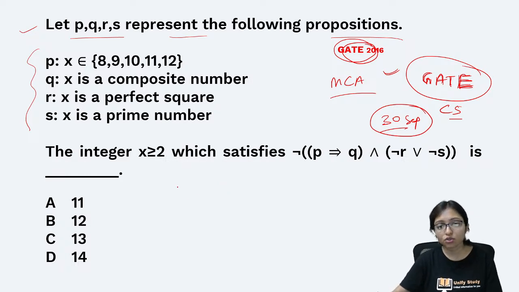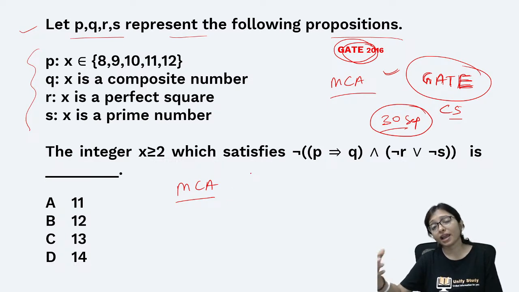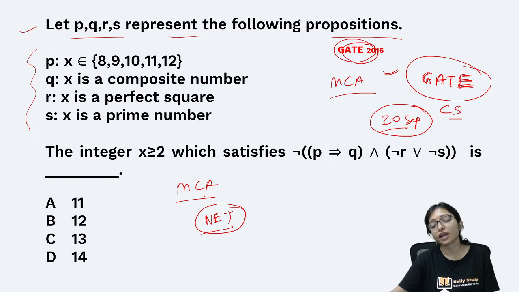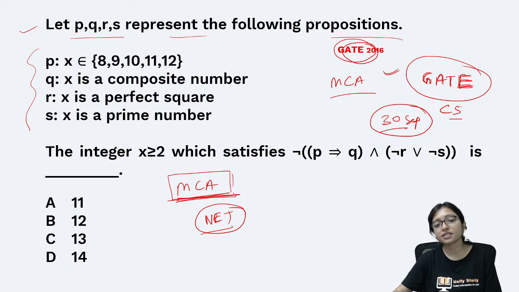I am telling those who are only MCA: if you want to get a good job in private colleges also, after clearing NET, you may face difficulty because of MCA. That's why I will suggest you try, because with the same preparation you can do it.